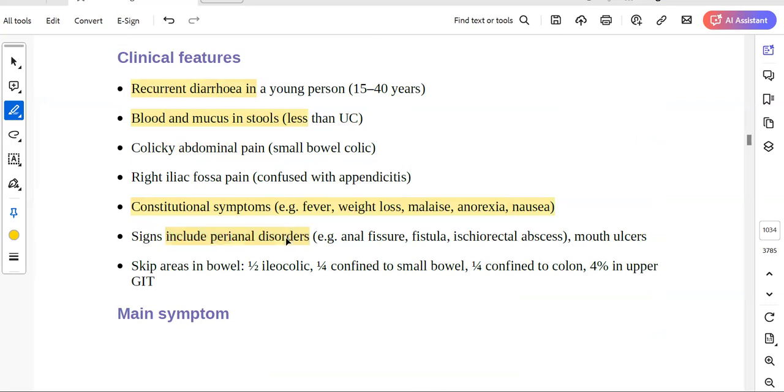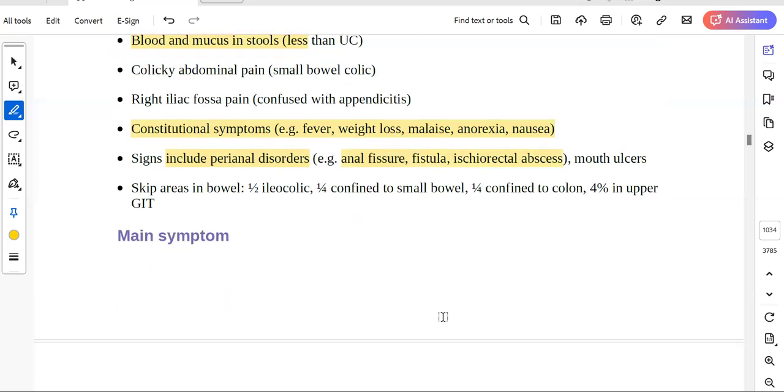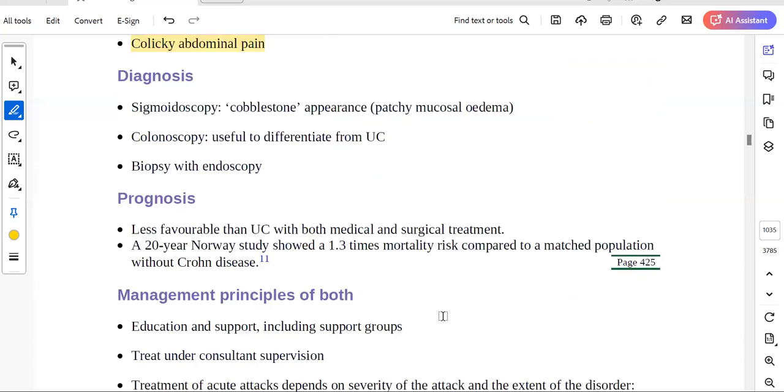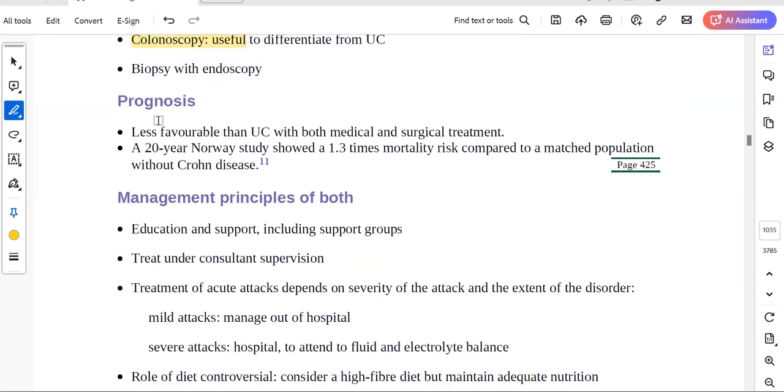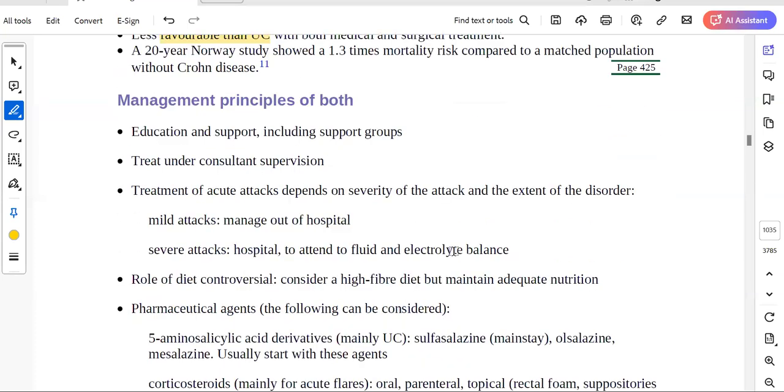They also develop perianal disorders: patients with Crohn's have a high risk of developing anal fissure, anal fistula, and ischiorectal abscess. How to diagnose? For Crohn's disease, the usual diagnosis depends on sigmoidoscopy or colonoscopy. Prognosis is less favorable than ulcerative colitis.